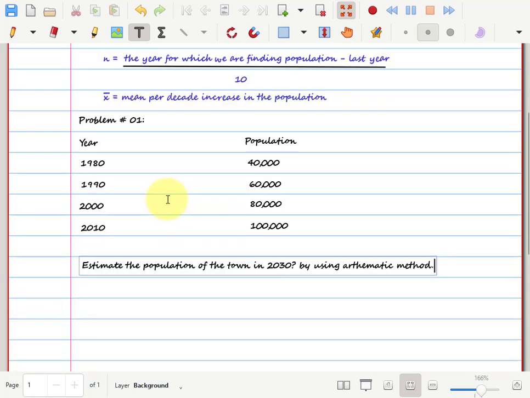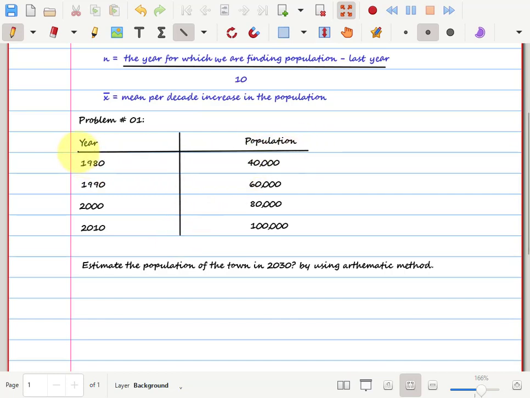Got it? So this is the data given to us, and we are asked to find out the population in 2030, okay, by using the arithmetic method.